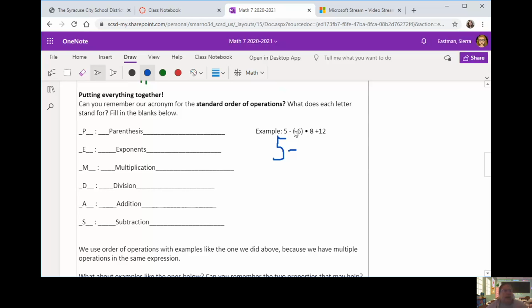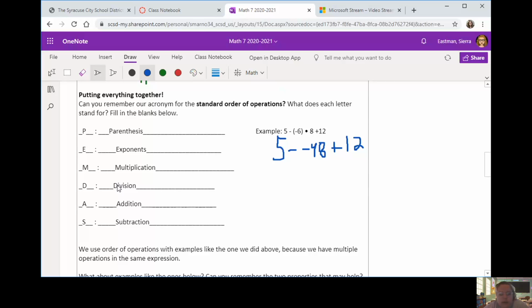Negative 6 times 8 should give me a negative 48. Okay. And like I said, I can put parentheses on this if I want to, just to separate out those two symbols, but I don't really have to. These parentheses wouldn't mean much, which is why we didn't have to worry about them originally. And I still have my +2. My multiplication is complete.